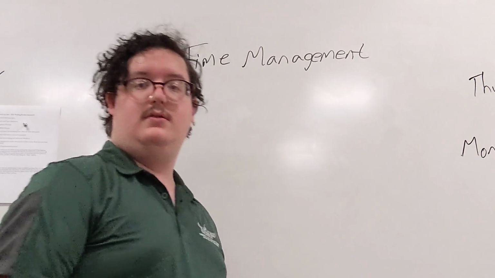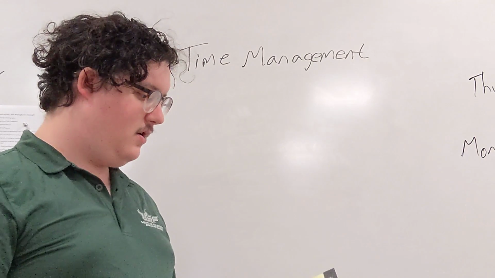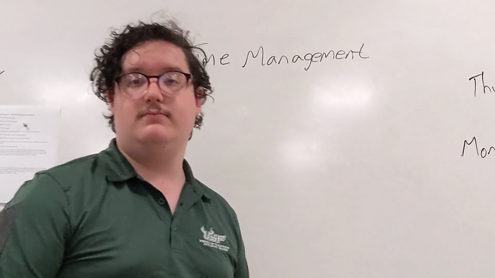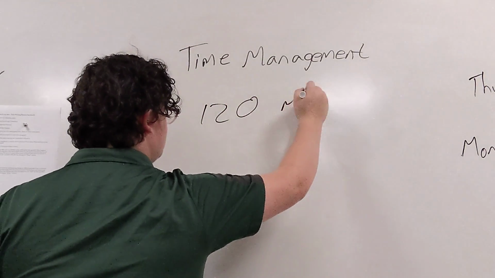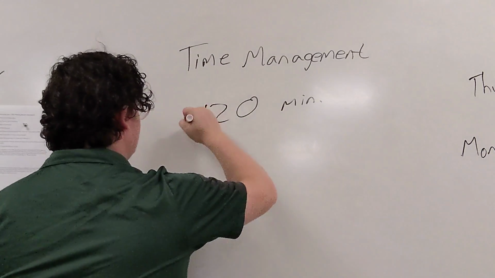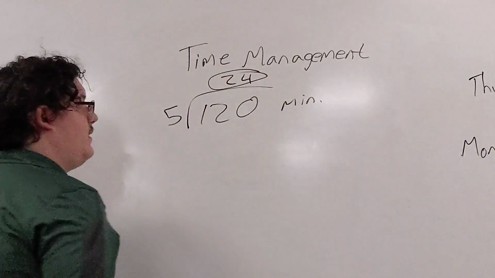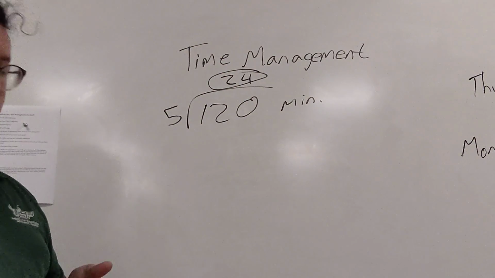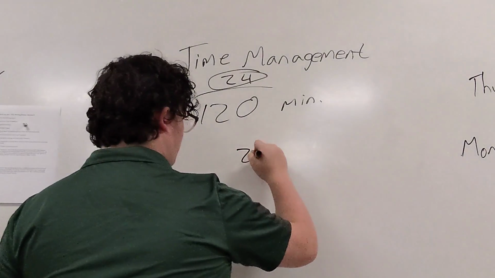The second idea for making sure that your time management is solid is you can make yourself a schedule. Remember, you have 120 minutes total. Well, if you divide that by 5, you'll find out 24 minutes per paragraph.